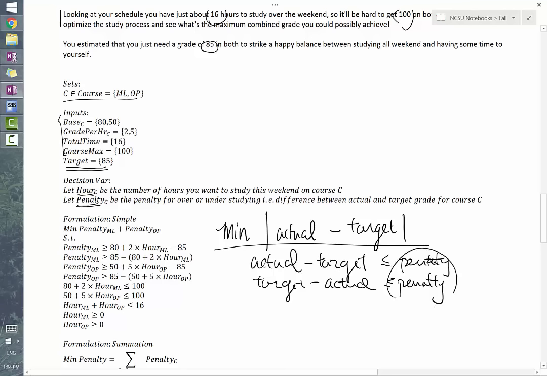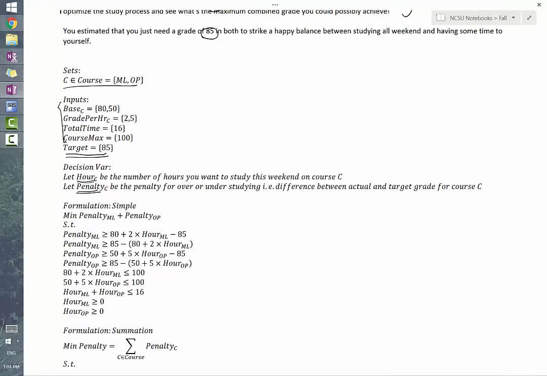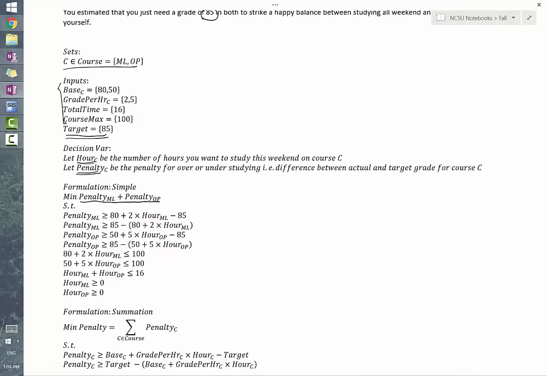And we want to minimize this penalty so that the absolute values are minimized. That is the only real extension we have to create for this problem. So our objective now is to minimize the sum of the two penalties. And so this is our simple formulation.